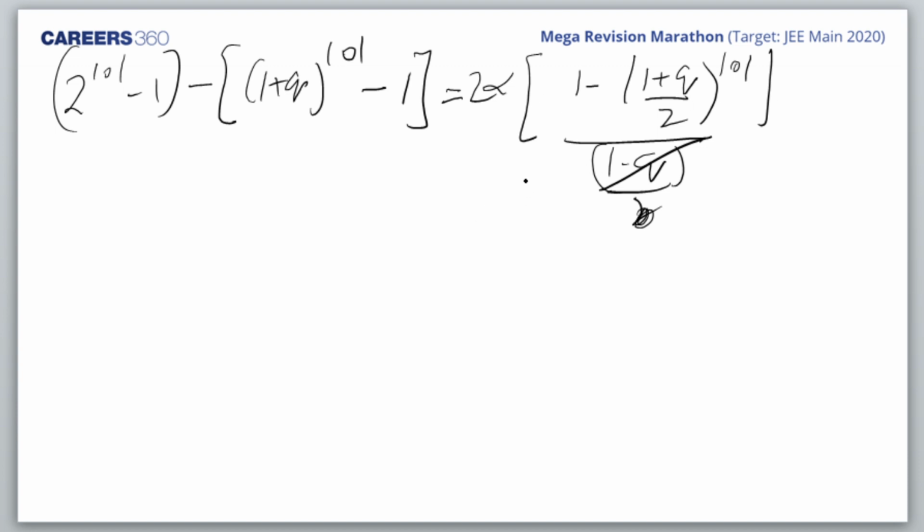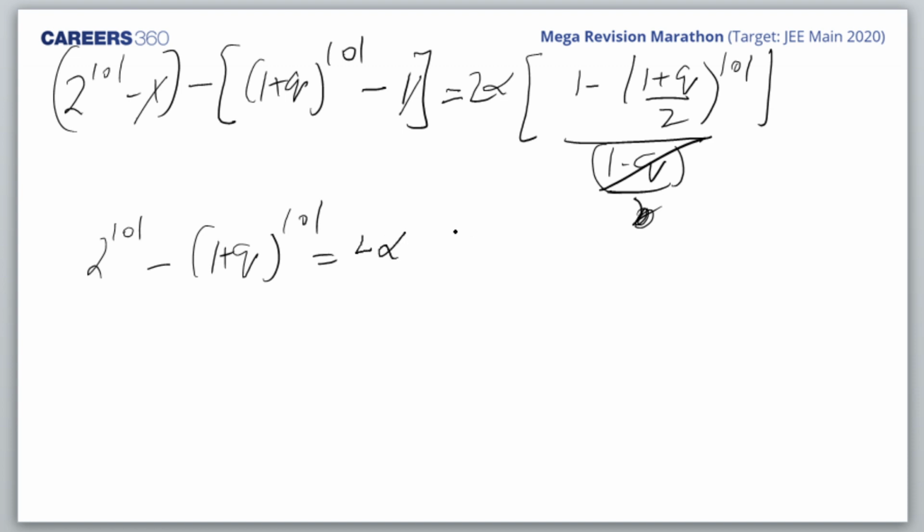Now when I solve it, I'll get this minus 1 and minus 1 would be cancelled. I'll get 2 raised to 101 minus 1 plus q raised to 101. Am I right? And here what do I get?